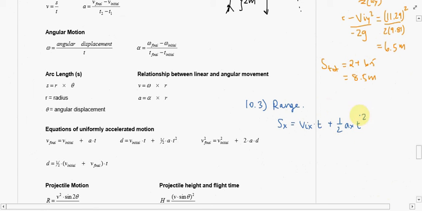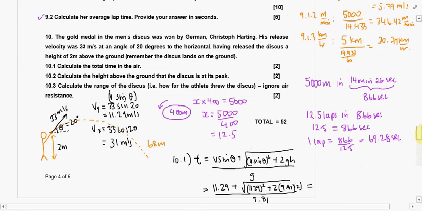But if we ignore air resistance, acceleration in the x direction is just equal to 0 meters per second squared, and 0 times anything is 0, so that just falls away. So I'm just left with this component. The range in the x direction is Vix, the initial velocity in the x direction, right?